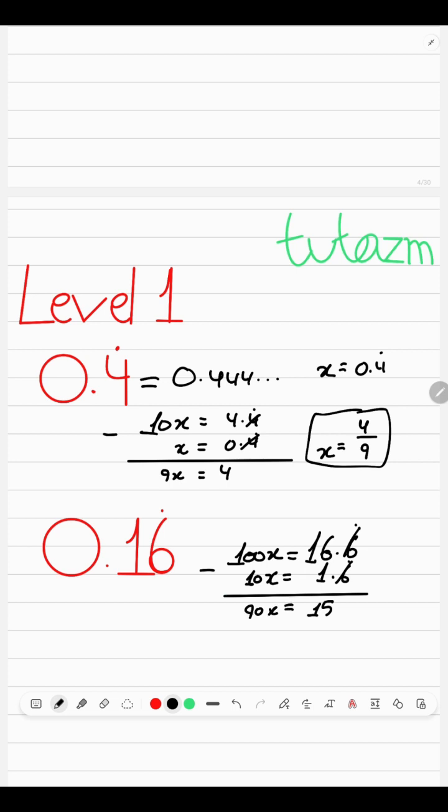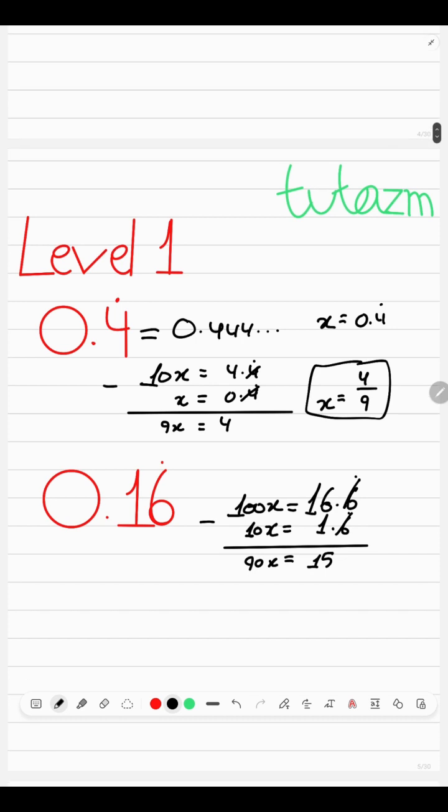So 90x is equal to 15, and x is equal to 15 over 90. We can then simplify this fraction by dividing top and bottom by 15, and you get 1/6. So x is equal to 1/6, and 0.16 recurring is equal to 1/6.